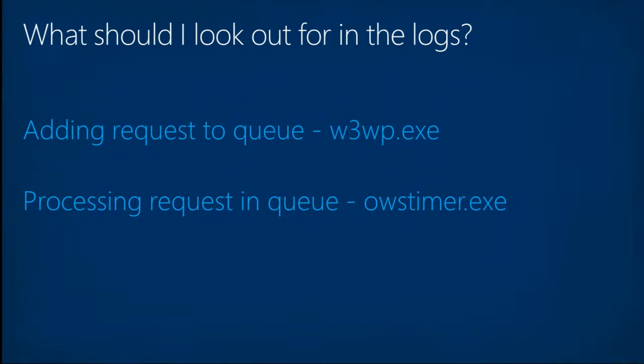So look for W3WP.exe as a reference when it comes to logs. And when it comes to processing, look for OWSTIMER.exe as the process reference. So it's a two-step process when it comes to provisioning: pushing the request into the queue, and the provisioning part. And these two processes basically handle these two pieces of provisioning.